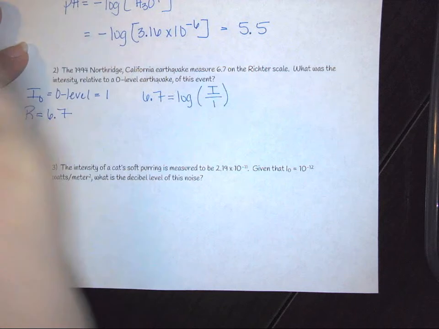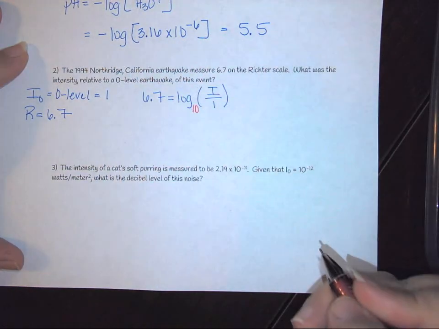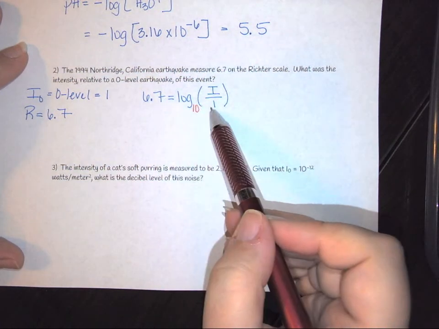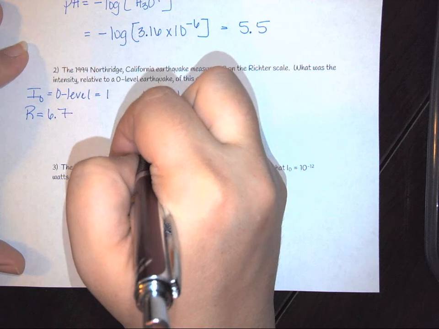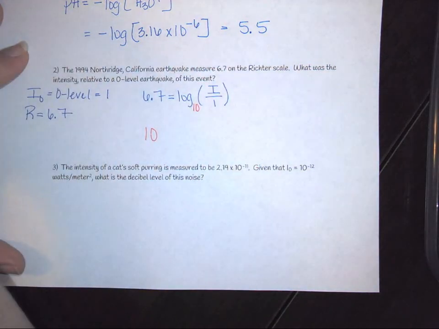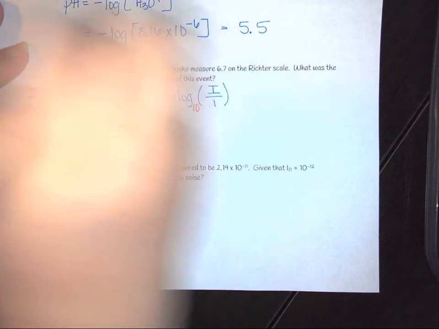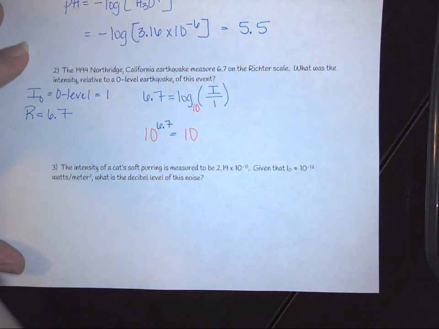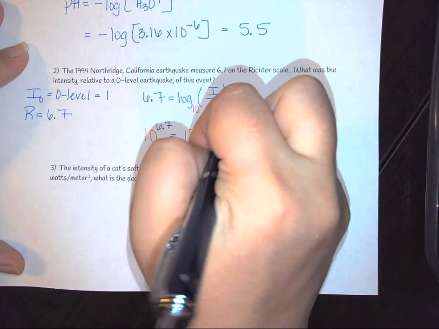So in order to solve this, I need to remember, if it's not written, this is common log of base 10. So I need to raise both of these by 10. So this is going to be 10 to the 6.7 equals 10 to the log of my intensity.